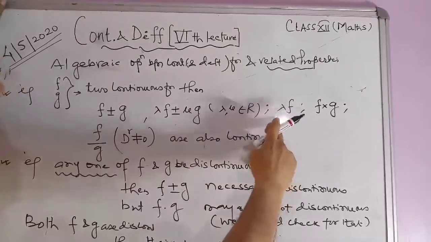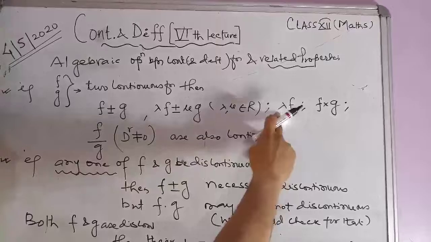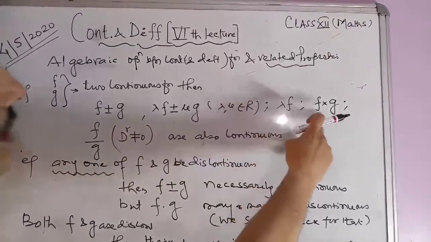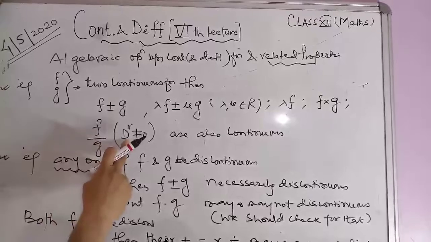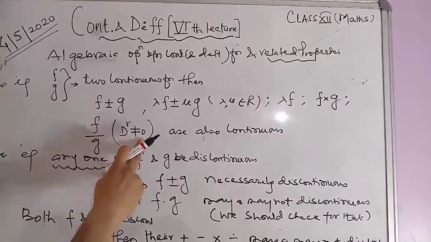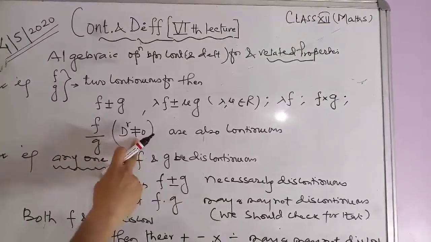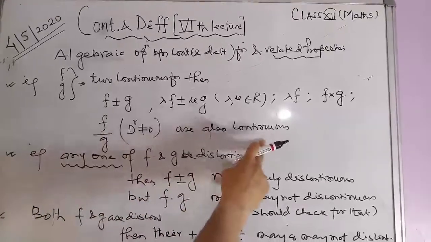Lambda f is continuous, so 2f, 3f, 4f, f into g, and f by g, provided the denominator is not equal to 0, are continuous at points where the denominator is not equal to 0.